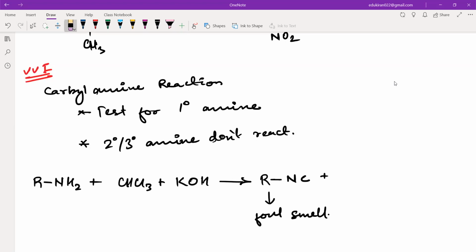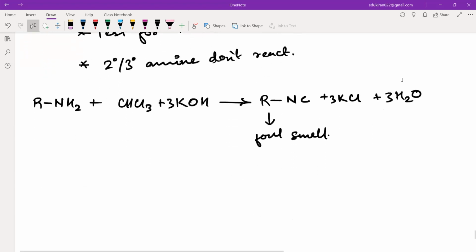Let us forget about the stoichiometry here. If you want to remember the stoichiometry, Cl is 3, KOH is also 3. ठीक है, so you will get 3 KCl and you will get 3 H2O. ऐसे याद रख लीजिएगा इसको. Cl3 है, 3 KOH, 3 KCl, and you will get 3 H2O. Now this is very foul smelling, and that is why it is a test for 1 degree alkylamines.